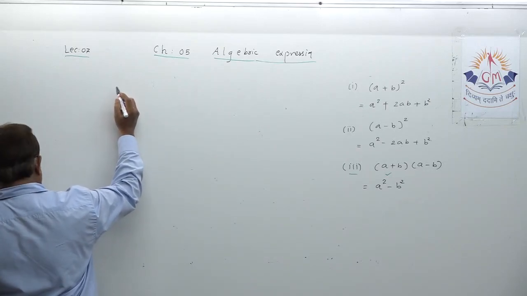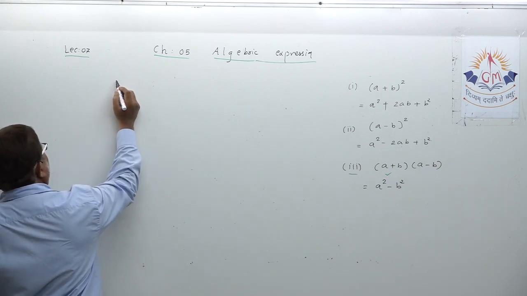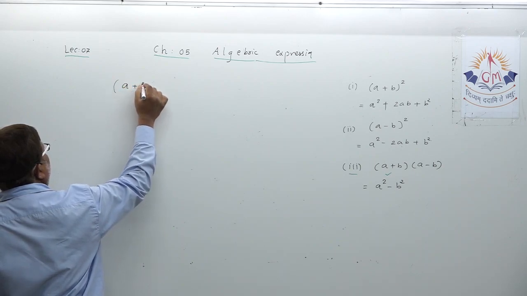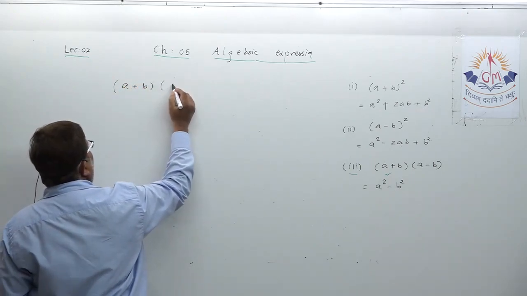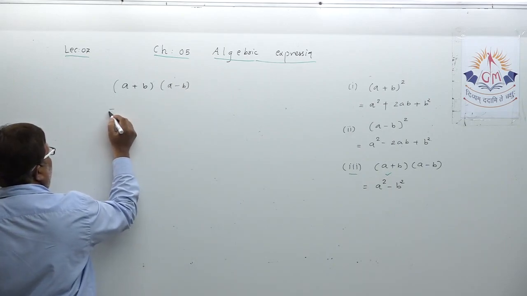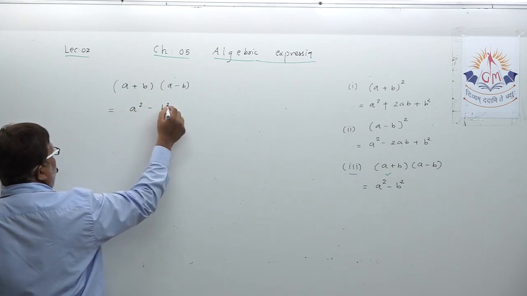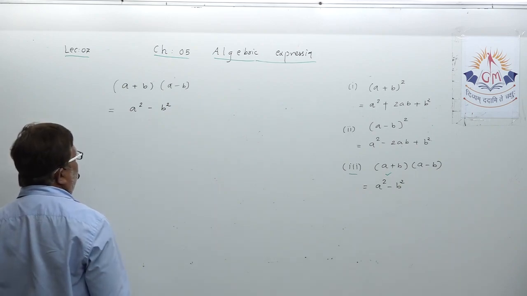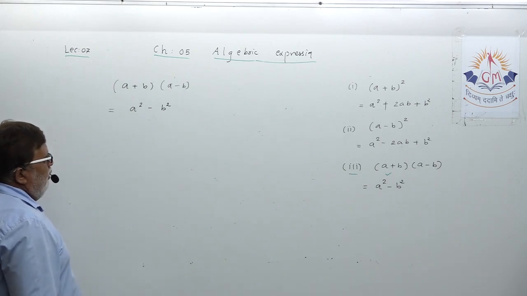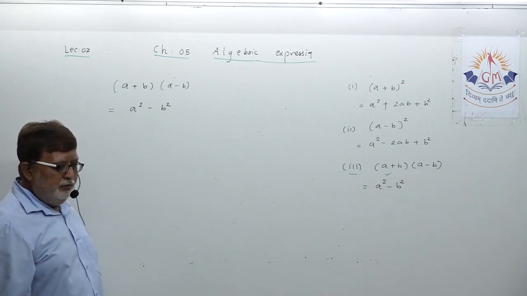Identity I am writing again for you, that is utilization of this particular identity: a plus b into a minus b, that's equal to, what is the answer of this? A square minus b square. We are targeting this identity, a plus b into a minus b equals a square minus b square.